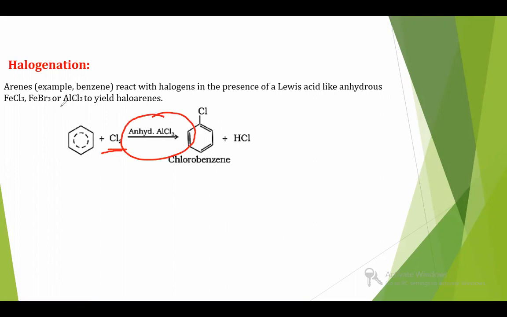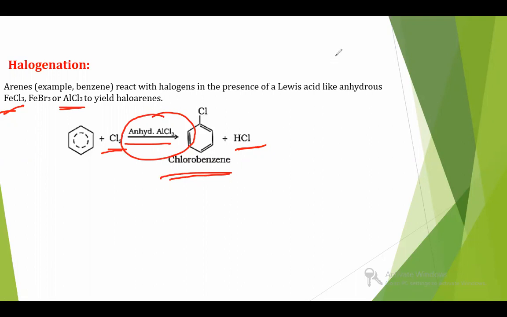Out of these, the more widely used are anhydrous aluminum chloride or ferric chloride. It gives chlorobenzene, with hydrogen replaced, forming hydrochloric acid.